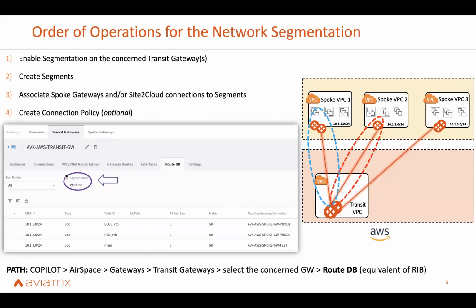This is where it shows the segmentation is enabled. And as I mentioned, you can look at all the routes, or you can zoom in into the particular routing table.